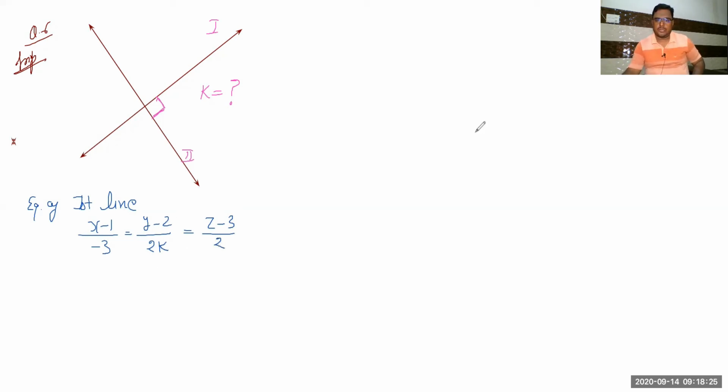So let us start. Equation of first line. What is the equation of first line? x minus 1 upon minus 3, y minus 2 upon 2k, z minus 3 upon 2. Let us compare this equation with x minus x1 upon a, y minus y1 upon b, and z minus z1 upon c.